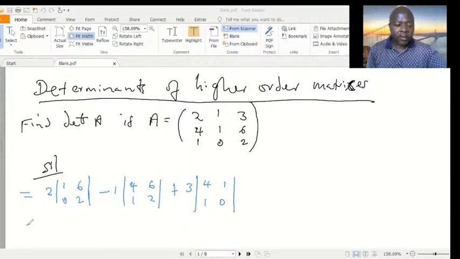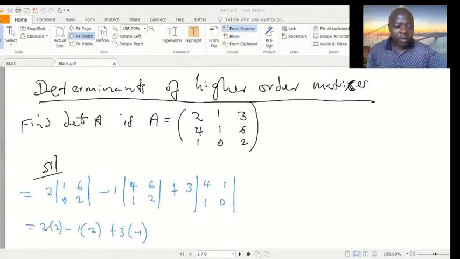Now find this determinant: it is 2 minus 0, which is 2. Then minus 1 into this determinant, which is 8 minus 6, which is 2. Then plus 3. This determinant is 0 minus 1, which is minus 1.